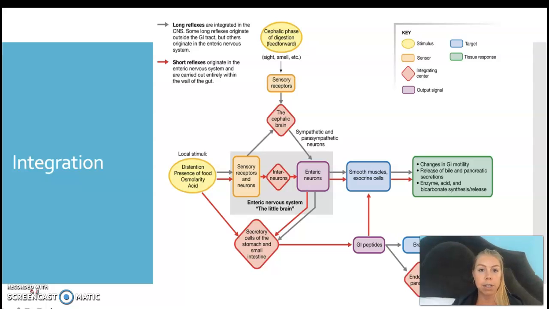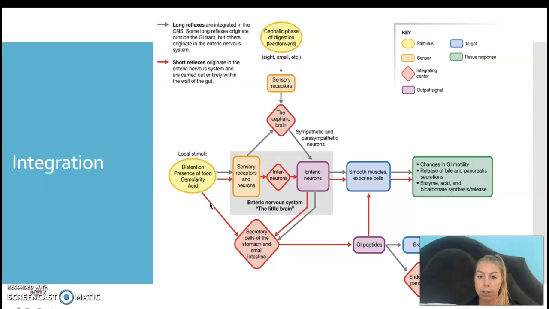This figure shows the integration of both long and short reflexes in the digestive system. On the left here, you see local stimuli. So these are going to be short reflexes, such as distension or presence of food in the stomach, osmolarity, and acid.